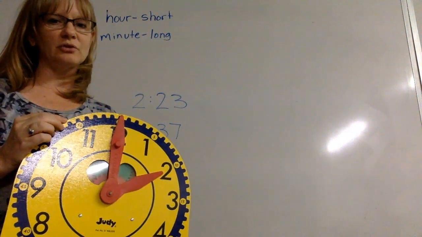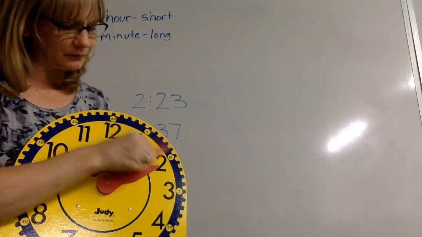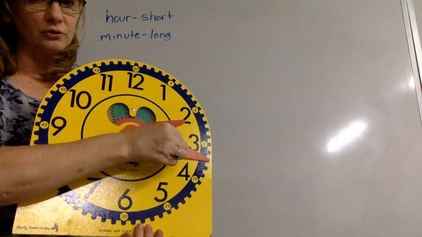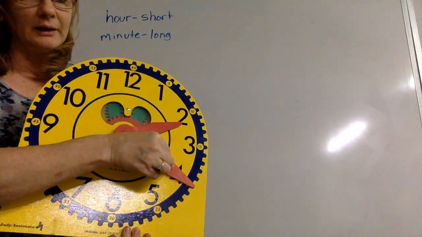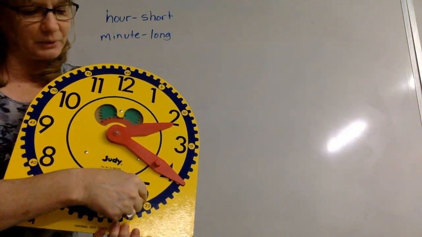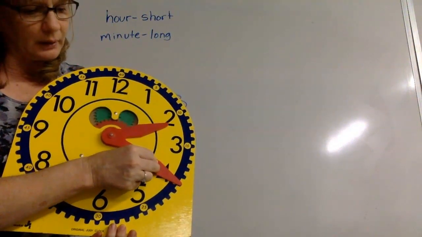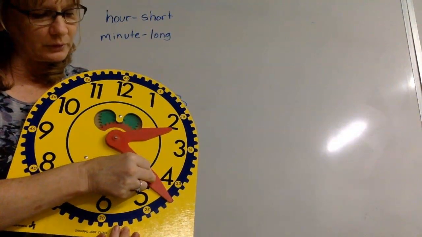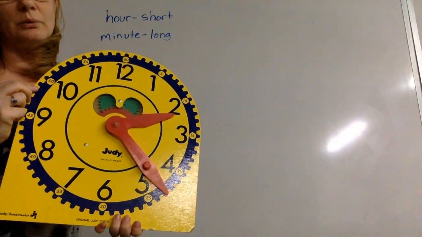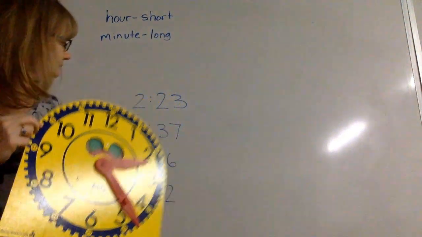Then I'm going to get to 23. 5, 10, 15, 20. Now I can't go to the next one or I'll be at 25. I will have skipped it. So I have to start counting by ones once I get to 20. 21, 22, 23. 2:23.